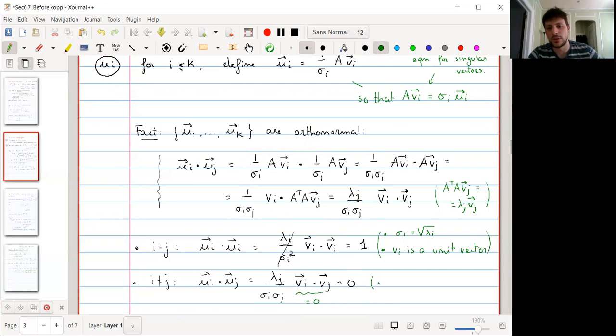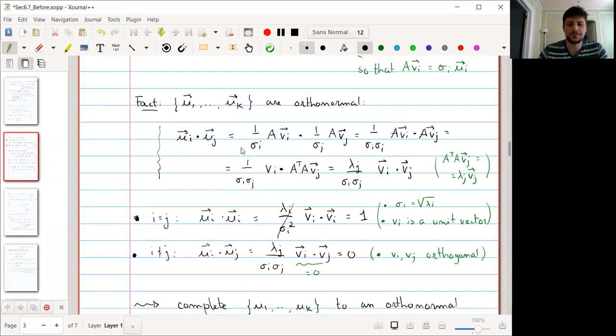So here we're using that vi and vj are orthogonal. These two bullet points together, 1 and 2, show exactly that the ui's are an orthonormal basis for whatever they span. There's only k of them.